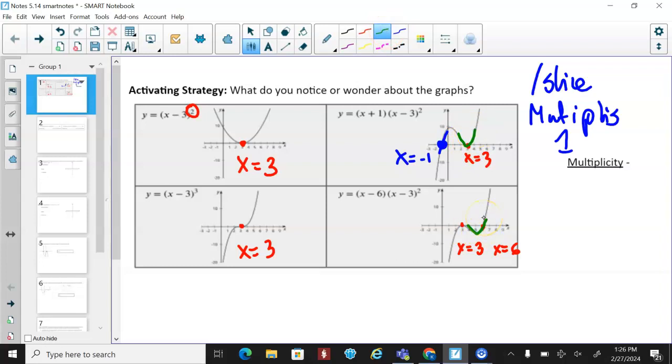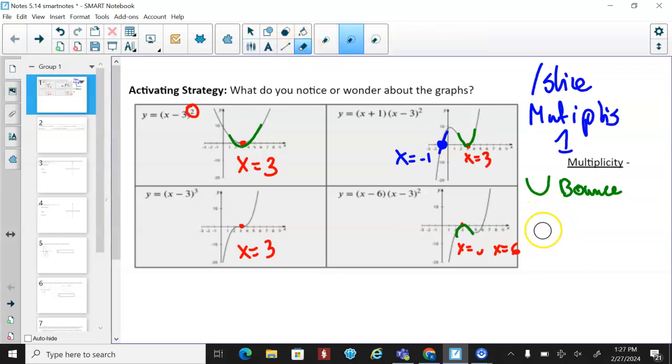Now when the function looks like it is bouncing, more like this, right here, guys, like this, it's bouncing. So it touches the x-axis, but it does not cross. This is called a bounce. When it bounces, that means that there are two or more even points in there.